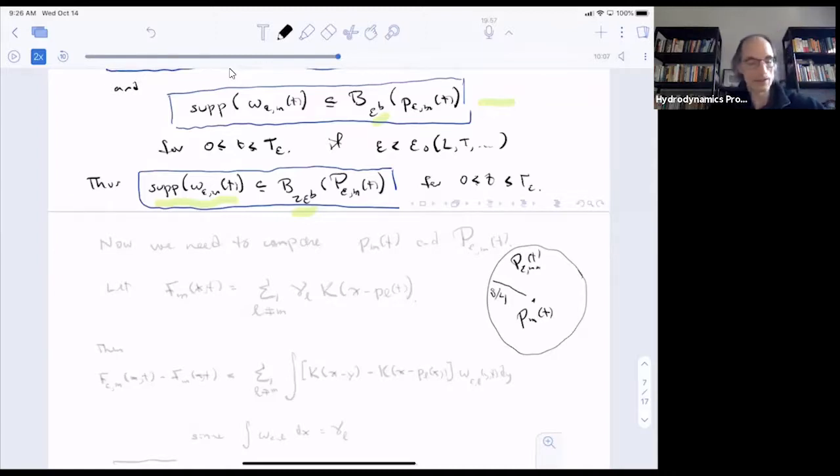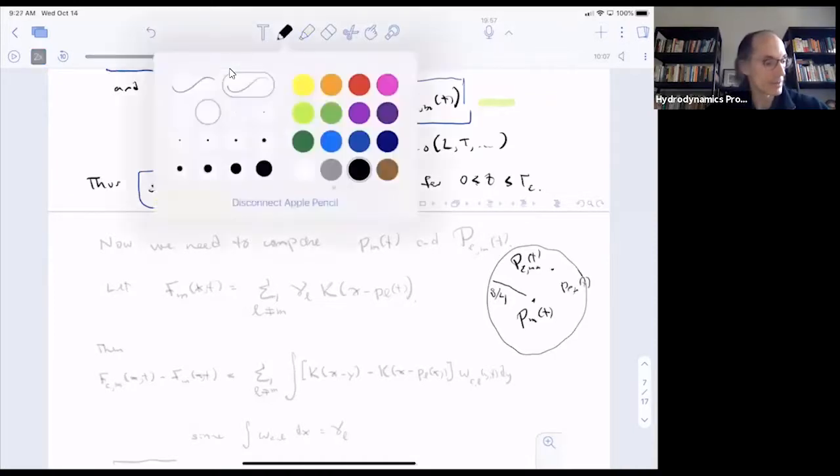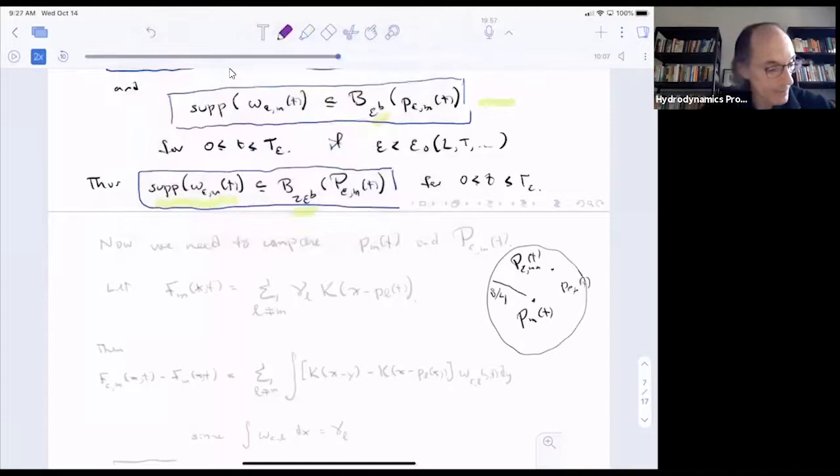These two things solve somewhat different ODEs. And then I have a little p epsilon m at time t, the center of vorticity. And so let's again make this be purple. And so I know that this center of vorticity, and indeed the whole support, is close to this capital P.